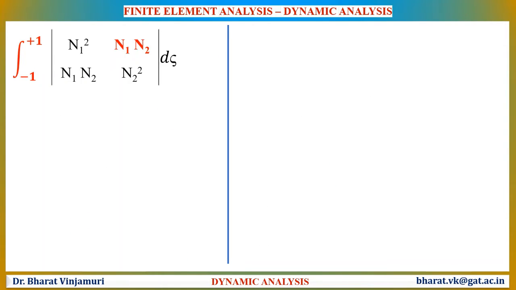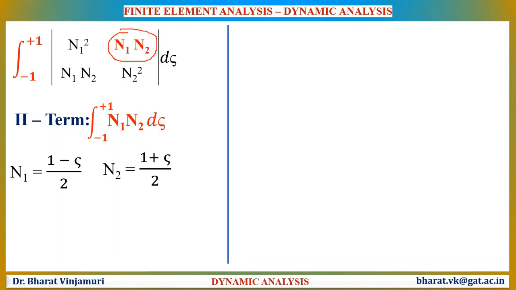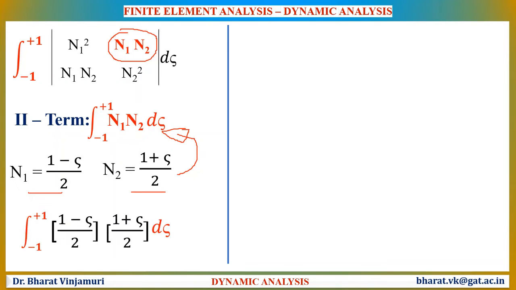Let us now find the value of the second term, N1 multiplied by N2. Since we know the value of N1 as (1 minus zeta) by 2 and N2 as (1 plus zeta) by 2, simply substituting these values in the above equation can help us to determine the second term.